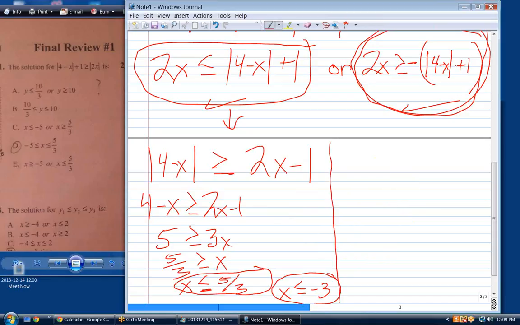Okay, so first of all, let's get rid of this negative sign in front of everything. How about we divide by negative 1? So we have minus 2x. When I'm dividing by negative 1, I have to subtract.